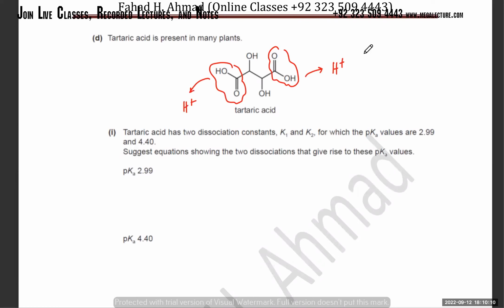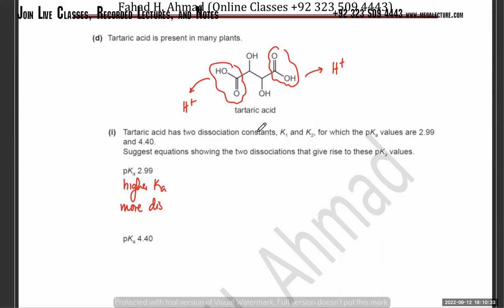So tartaric acid has two dissociation constants, for which pK values are 2.99 and 4.4. This is the first dissociation. Whenever you have a lower pK value, that means you have a higher Ka value.